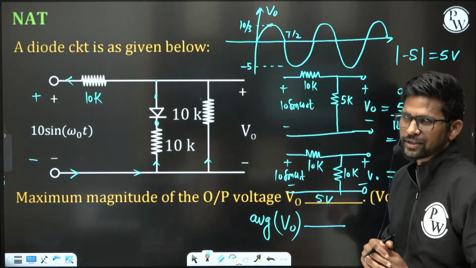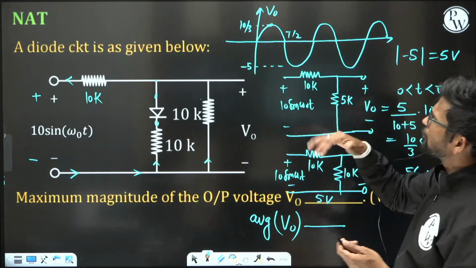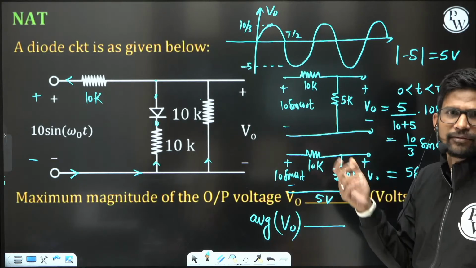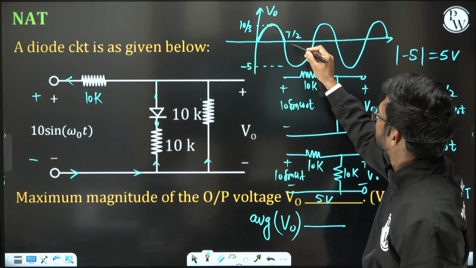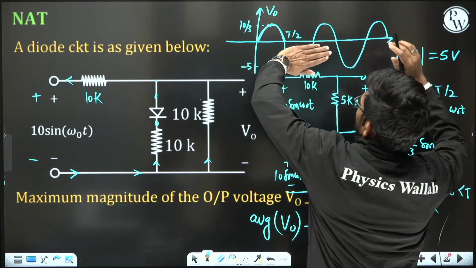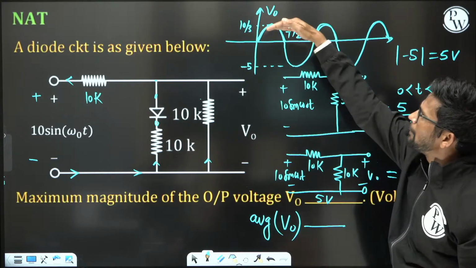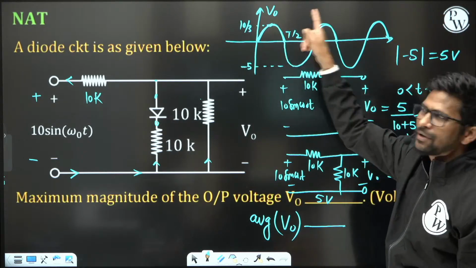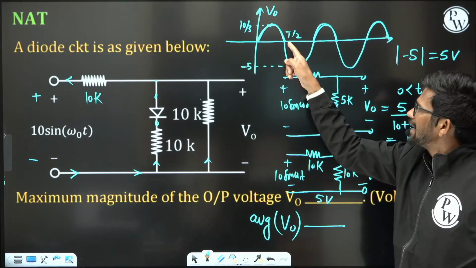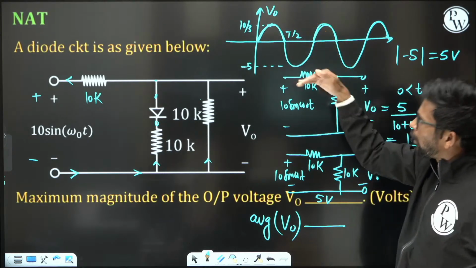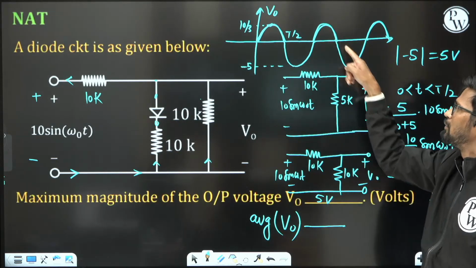No need for calculation. If you look closely, it is a summation of two half wave rectified waves. In the upper half, if you take this wave and this, then this wave, then this wave, there is a half wave rectified output waveform, and similarly in the lower half there is also a half wave rectified waveform.